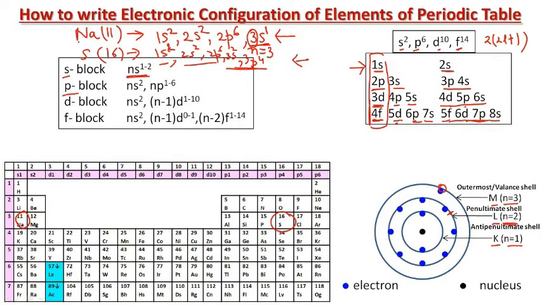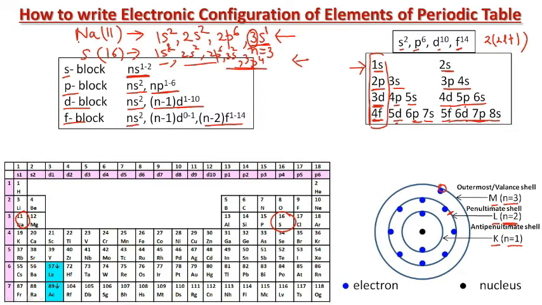If we are writing for p block elements, it is written 1 to 6. For d block elements, d is written as 1 to 10, and for f block elements, f is written as 1 to 14. The outermost shell electronic configuration for the s block elements is ns1 to 2, for p block elements it is ns2 np1 to 6, and for d block elements it is ns2 (n minus 1)d1 to 10.